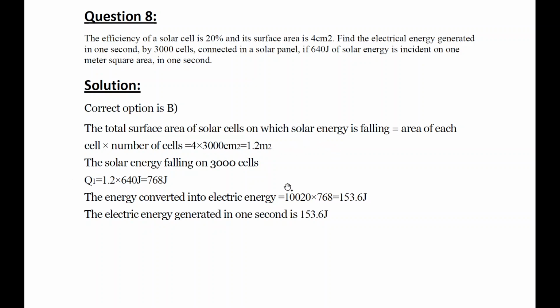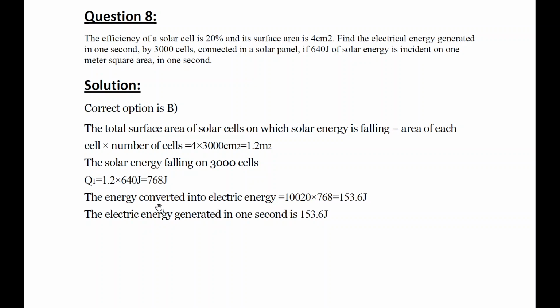Now the solar energy falling on 3000 cells will be the solar energy falling on this 1.2 meter square area, which is 1.2 cross 640 joule. If the incident energy on 1 meter square area is 640, then on 1.2 meter square it is 640 into 1.2, which is 768 joule.